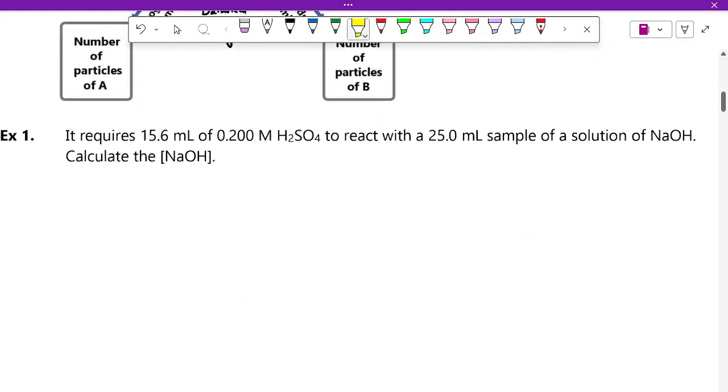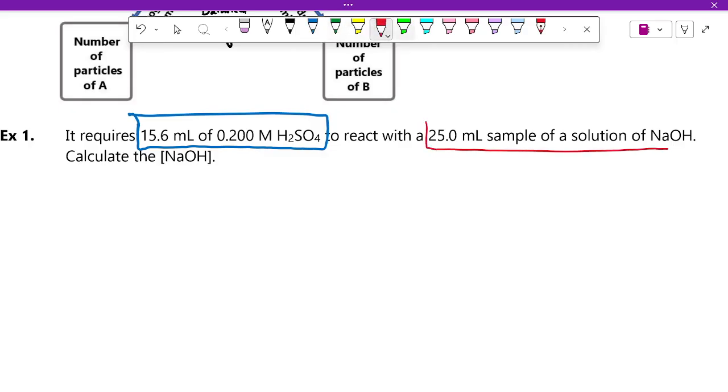So it requires 15.6 milliliters of 2.00 molar H2SO4 to react with a 25 milliliter sample of NaOH.